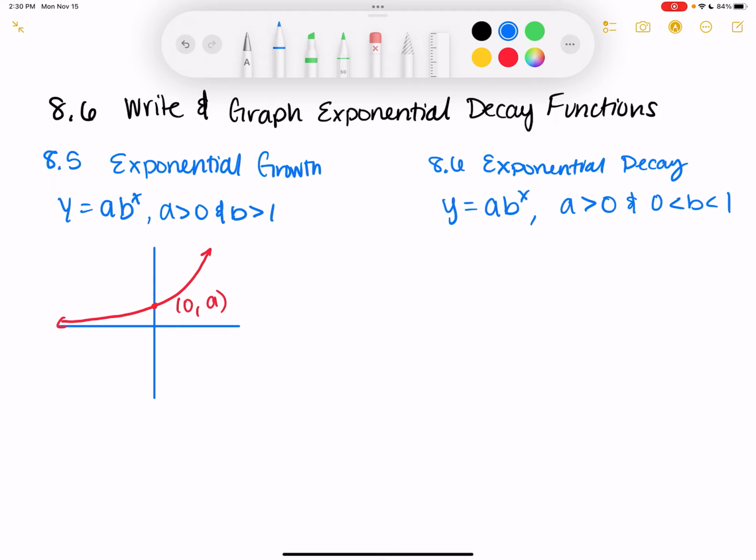These graphs are going to look more like this, where this point is still 0 and a, it's just going down. It basically took it and flipped it over.